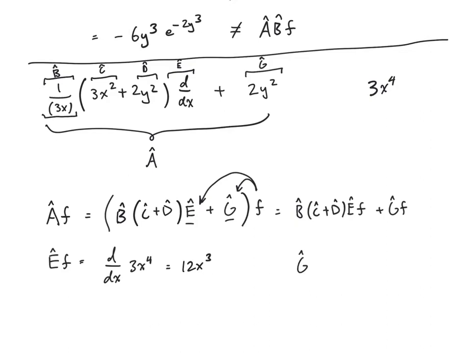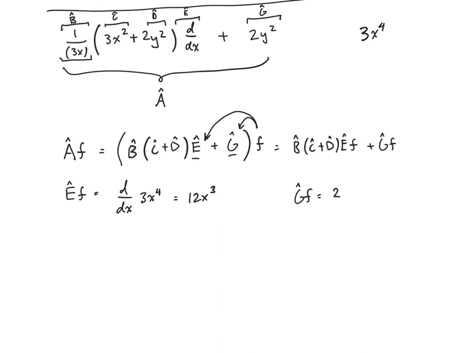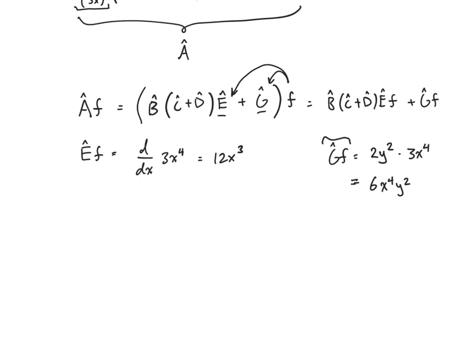Now I'm going to calculate G hat acting on f, and that's just going to be 2y squared times 3x to the fourth, or 6x to the fourth y squared, like that. And I'm going to save the G hat f for a little bit later, because for now I want to finish up applying these operators over here and see what we get on that side, and then we can add it to what we get to the G hat f.